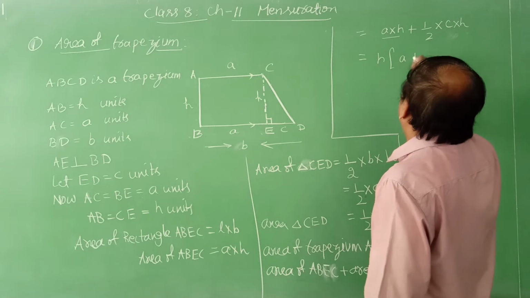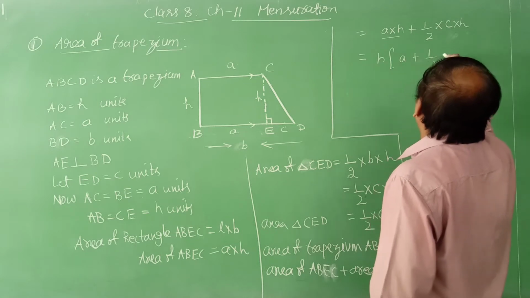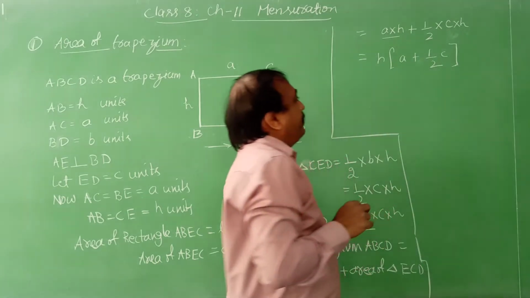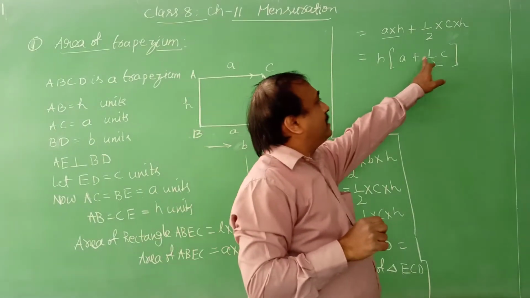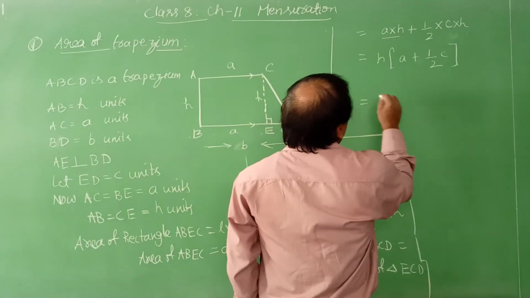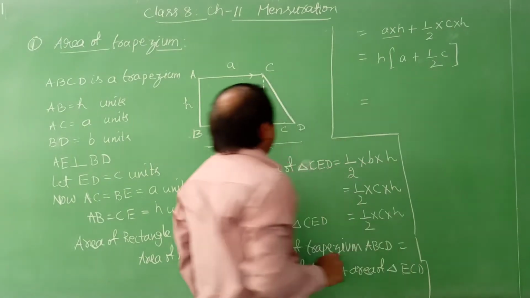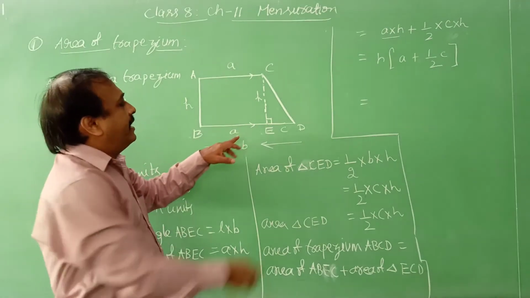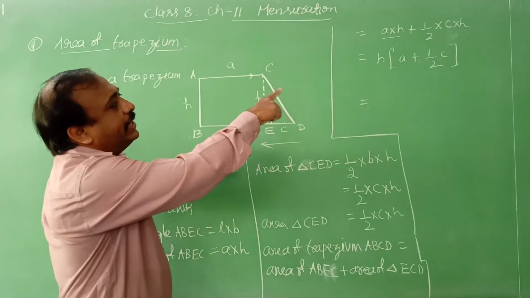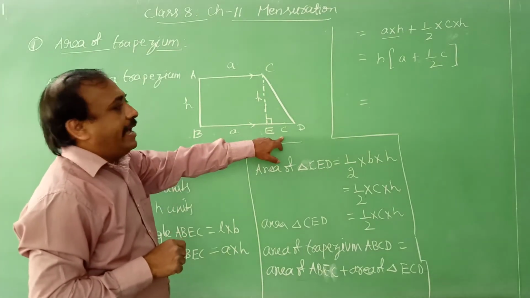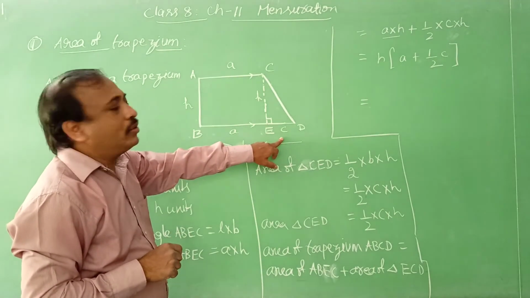Then here A plus 1 by 2 C. Observe it, A plus 1 by 2 C. Clear? So it is H into A plus 1 by 2 C.